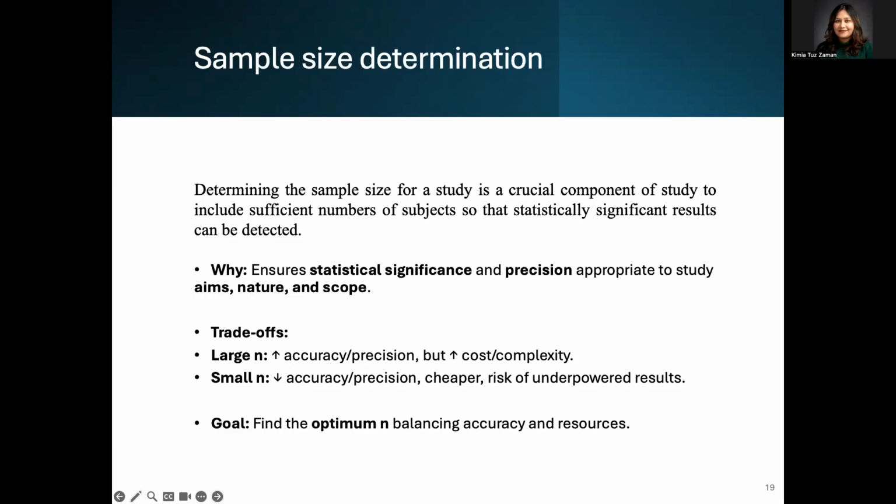A larger number of participants improves accuracy, but it also raises the cost and complexity of your data. On the other hand, a smaller group of people is easy to reach and cheaper, but there is always a risk of underpowered or imprecise findings. So our goal is to pick the optimum number of participants: big enough to answer the question well, but realistic for our resources.